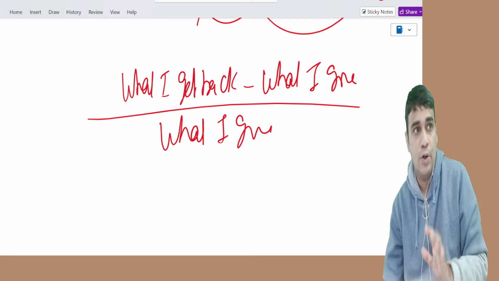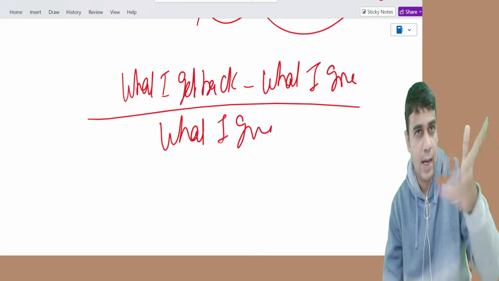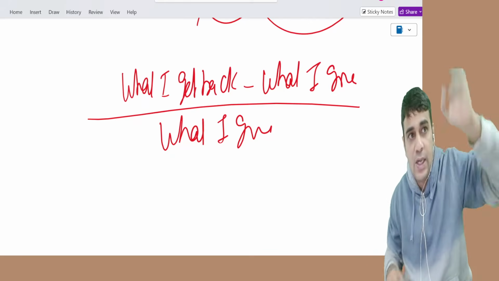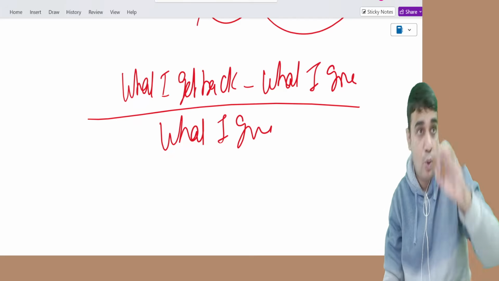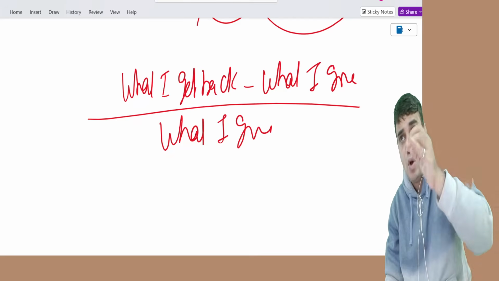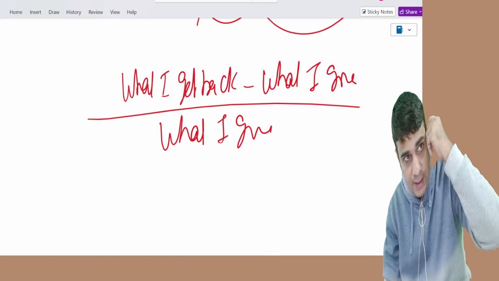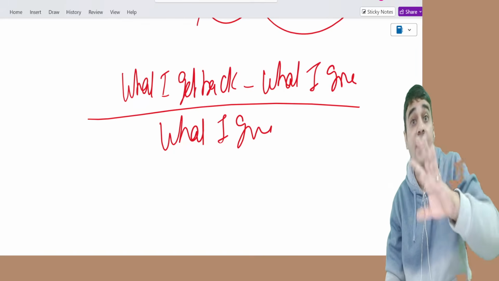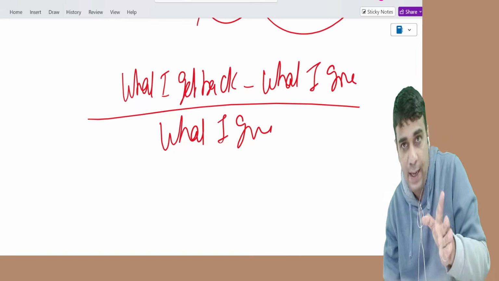No dividend income, no capital gain, I don't get anything. So it is closing units into closing NAV minus opening units into opening NAV, divided by opening units into opening NAV.